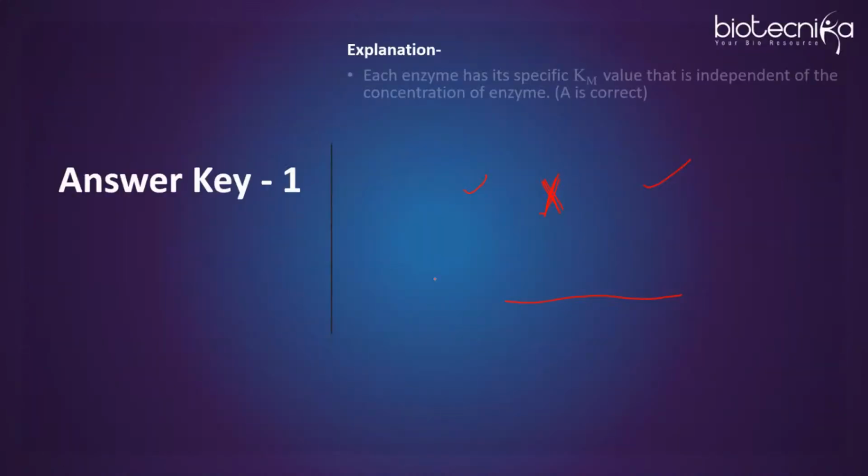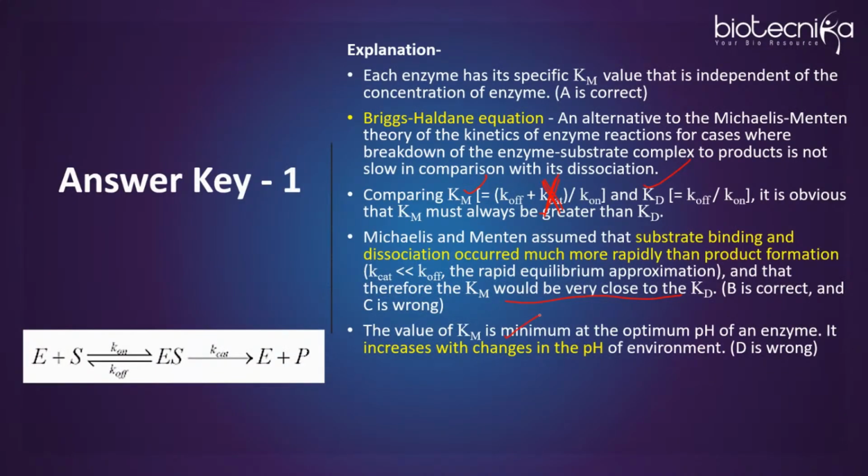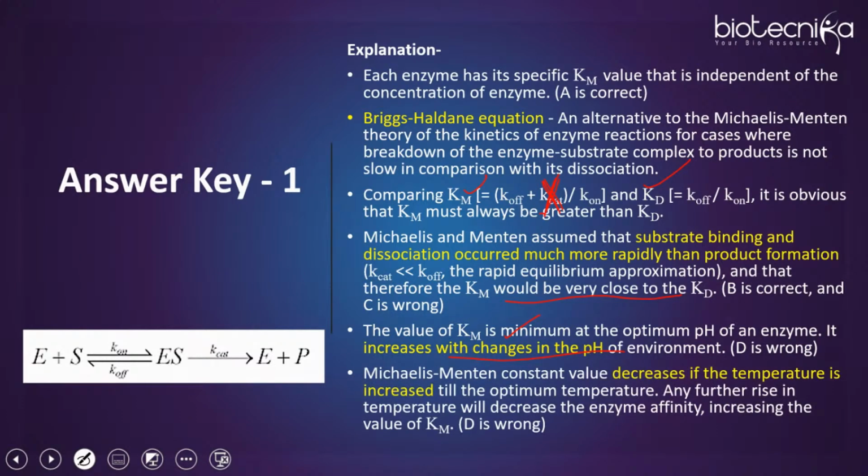And what about the dependency on pH? The value of Km is minimum at the optimum pH of an enzyme. It increases with changes in the pH of the environment. Okay, so this option was saying that it is independent of pH, so that's why these are all wrong. And the Michaelis-Menten constant value decreases if the temperature is increased till the optimum temperature.